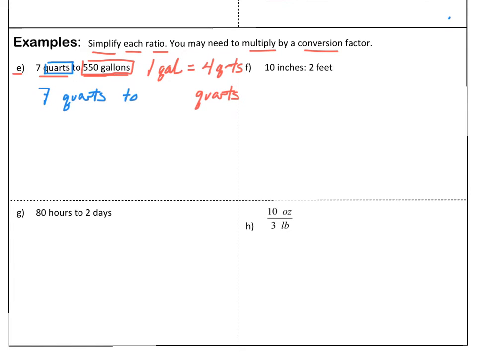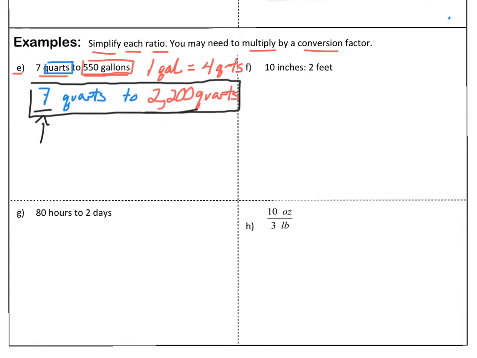So if I do that, I'm going to end up with 2,200 quarts. Now, when I compare these two, 7 and 2,200, there's no common factor, obviously because 7's prime. So I'm just stuck right here. This is my final answer: 7 quarts to 2,200 quarts.